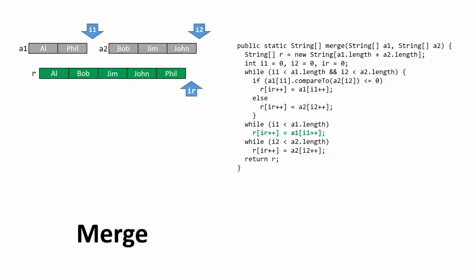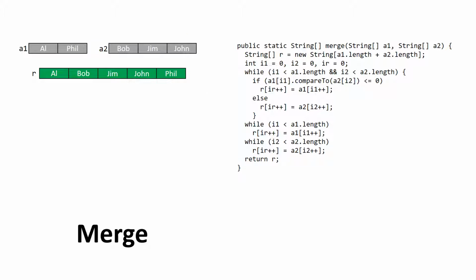We haven't, so we take the next item in that first list and move him in. Now we've indeed exhausted the first list, so we move on to our second cleanup while loop that checks to see if the second list has been exhausted. And of course, it already was. And so we take our completely sorted array and return that.